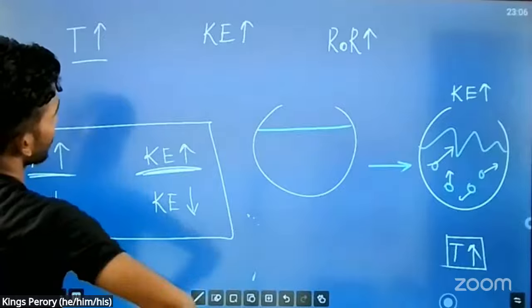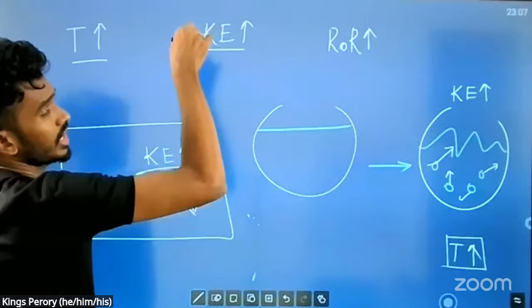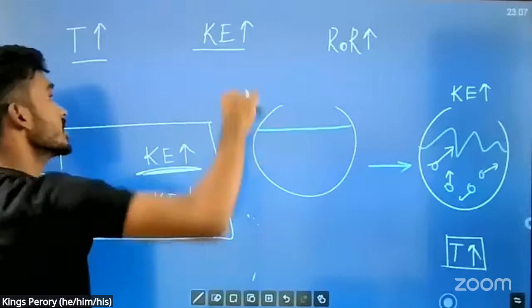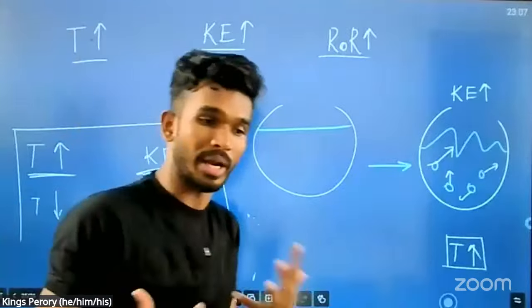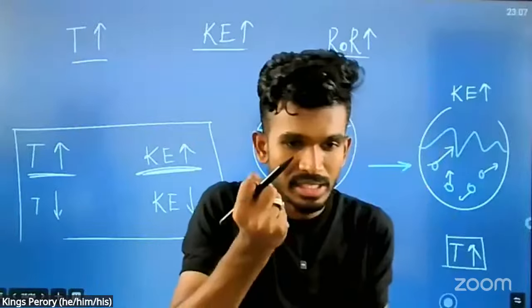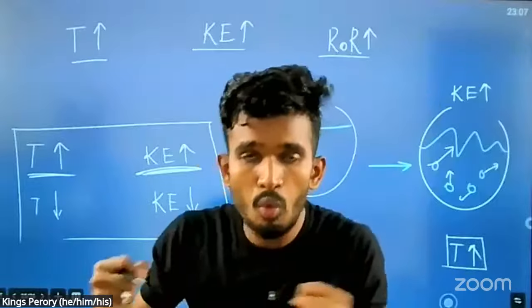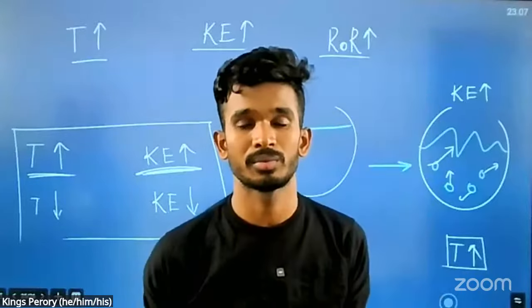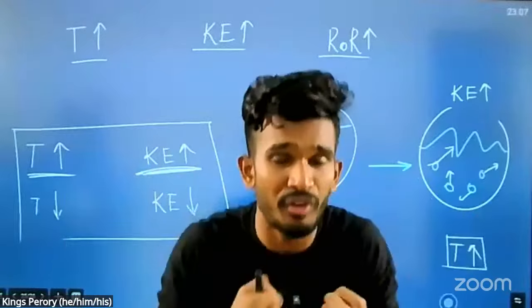As the kinetic energy of particles increases, rate of reaction increases. Practically, particles move here and there randomly, so they will collide faster.